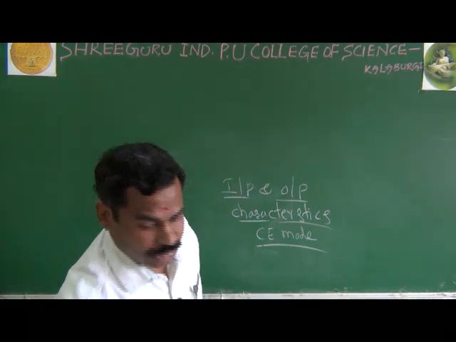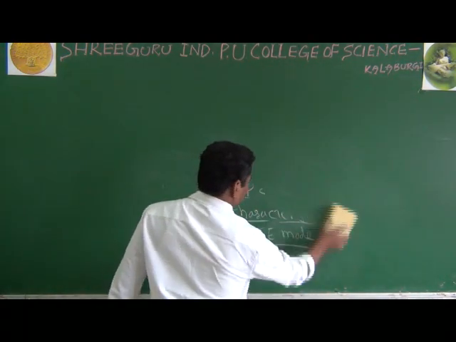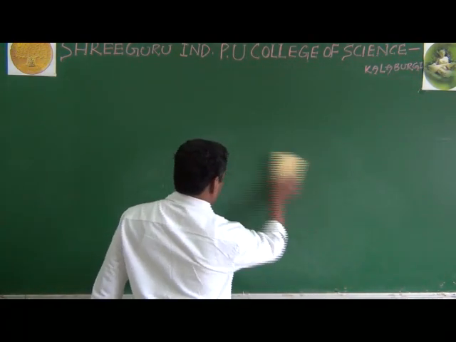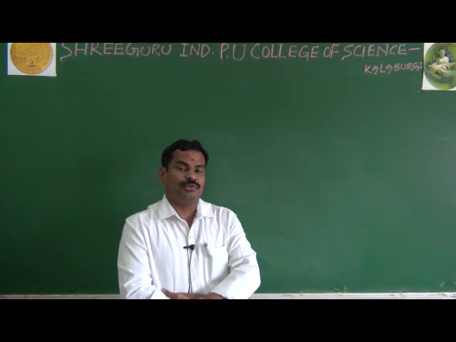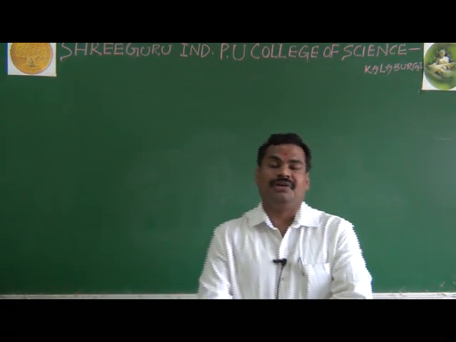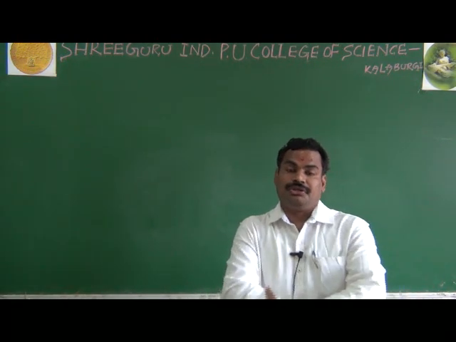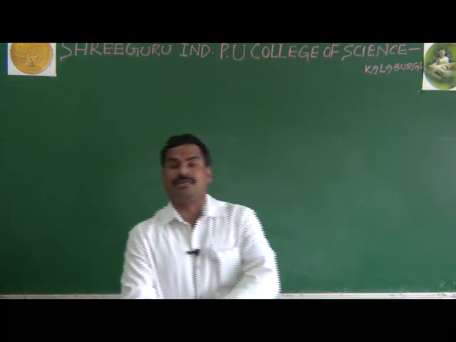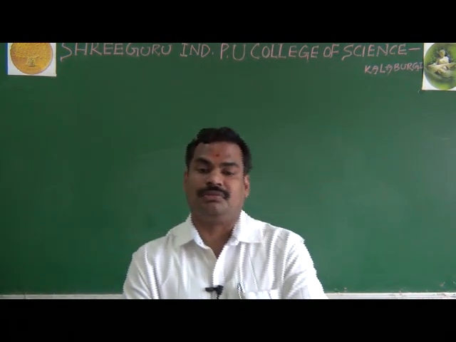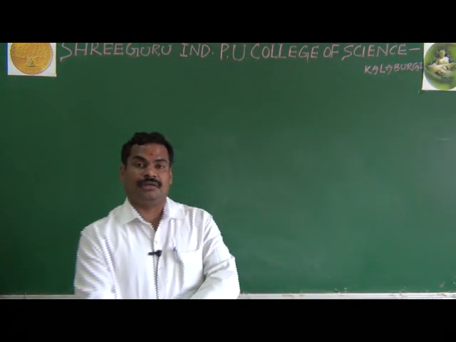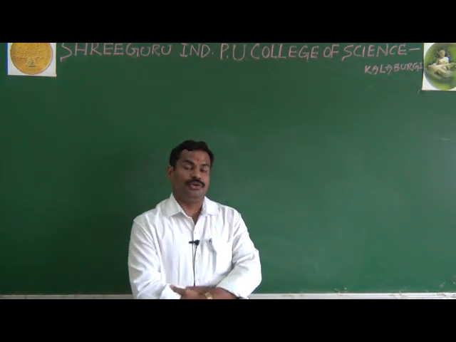And now we'll go for the circuit diagram of your input and output characteristics. And as I said so many times in the class, in electronics we give more importance to the circuit diagram and graphs. If you make a very small mistake in the circuit diagram or a graph, you will not get good marks, the marks are reduced.